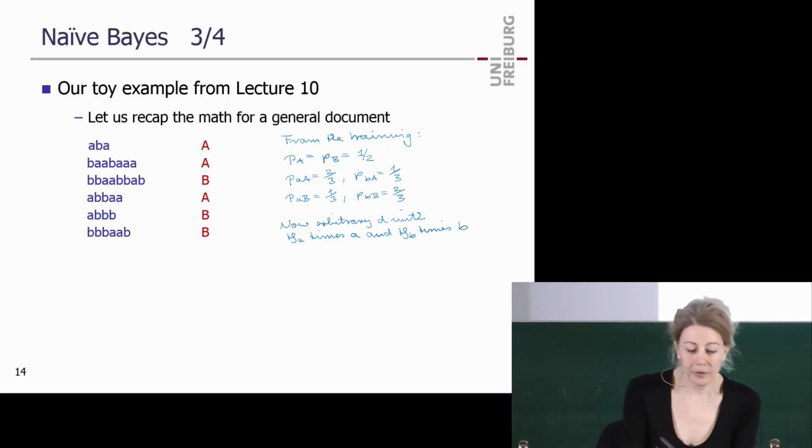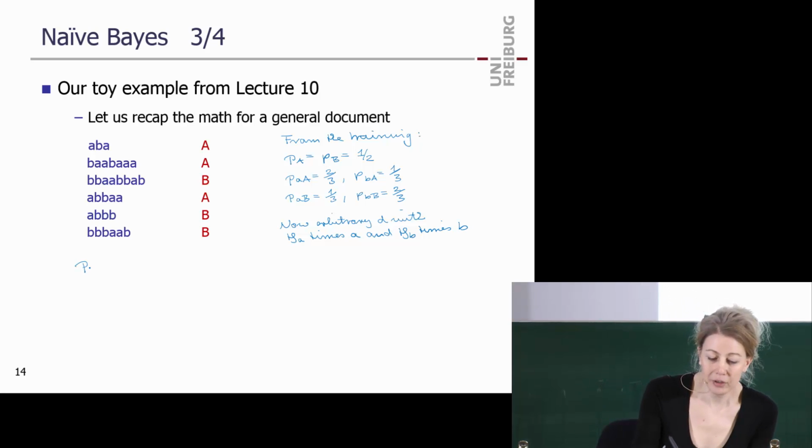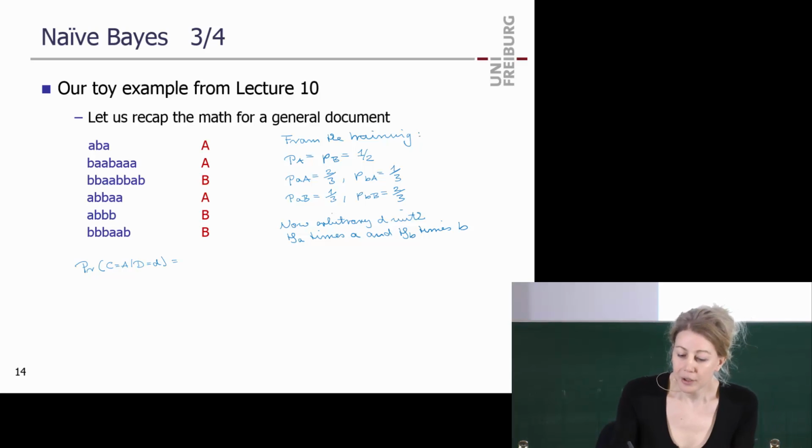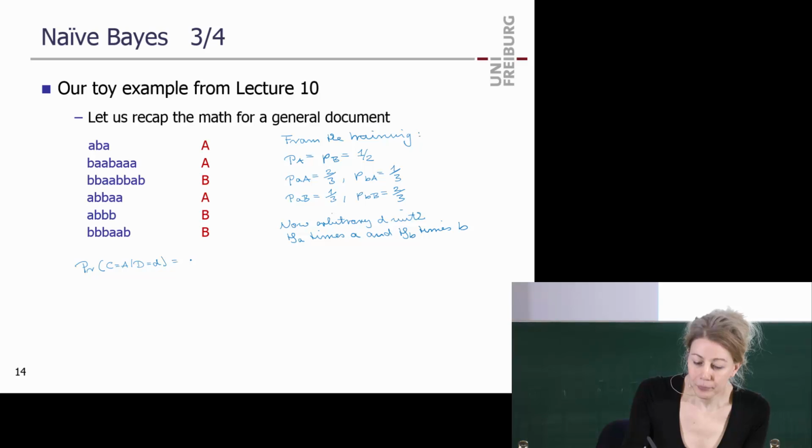So what do we have then? Then we have the probability that the class is A, given that the document is D. Well, it's just PAA to the TFA, times PBA to the TFB. It's just from the previous slide, just by example, and I think this helps some people.